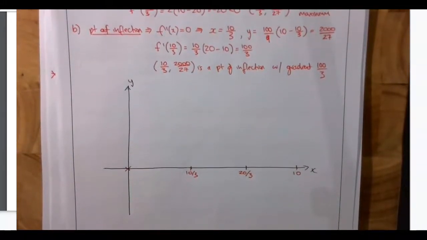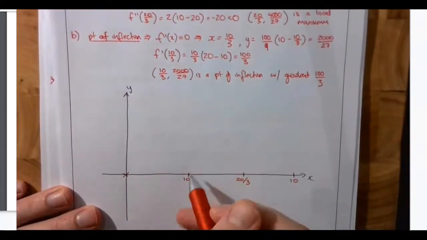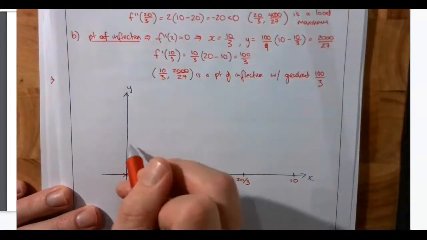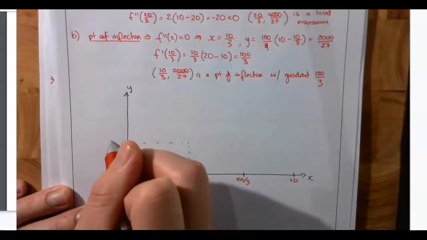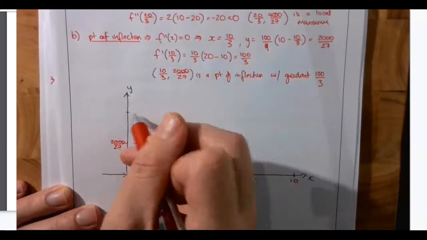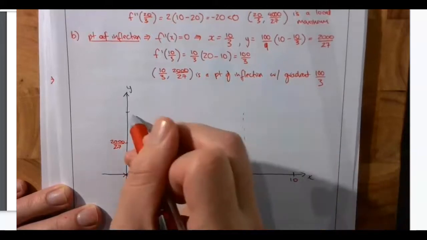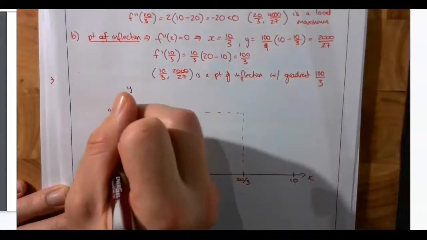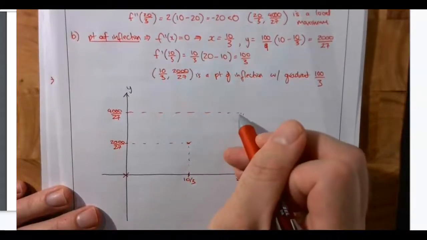And then the y coordinates I've already got for my initial curve: 10 over 3 matches with 2000 over 27. Put that in here, 2000 over 27. And if I double that, so again trying to get it roughly accurate, 4000 over 27 was the original stationary point, which was a local maximum.